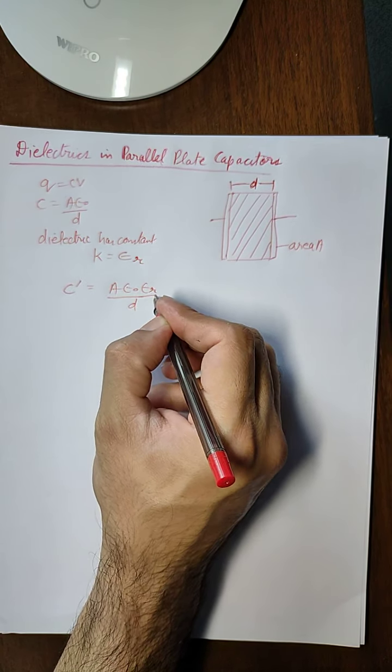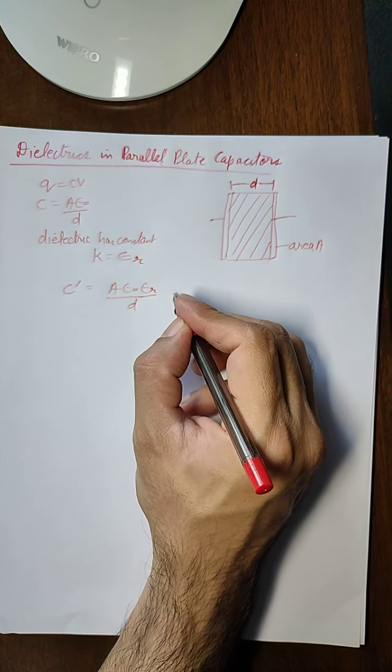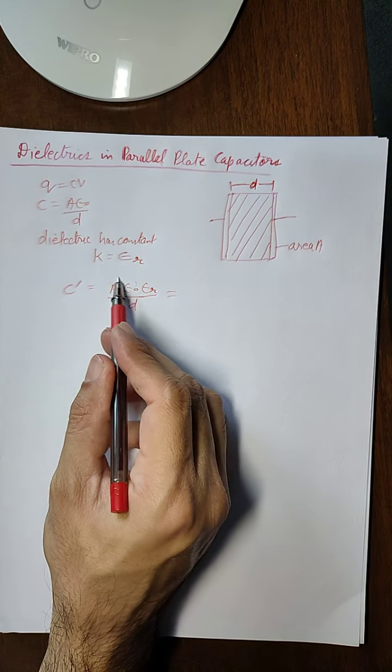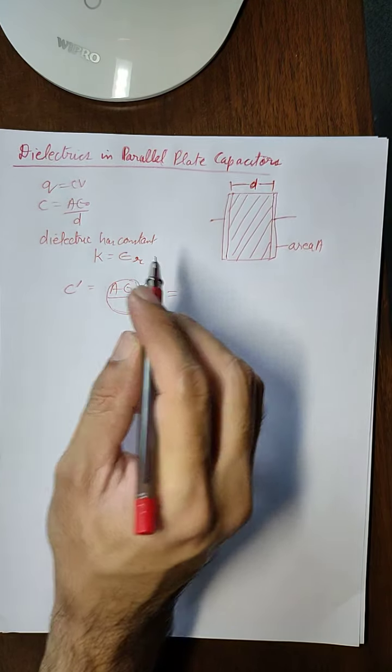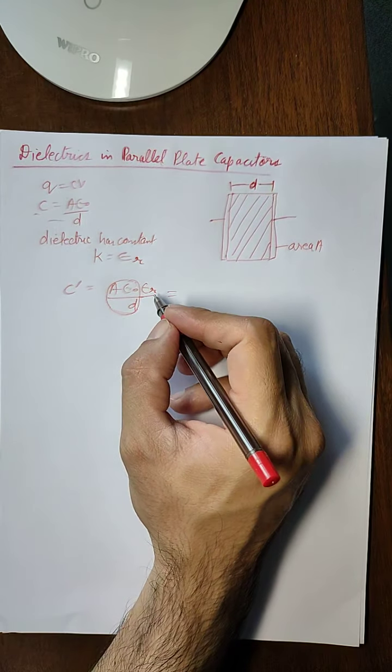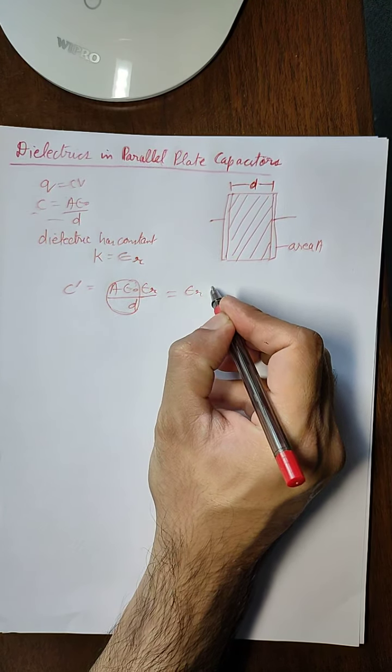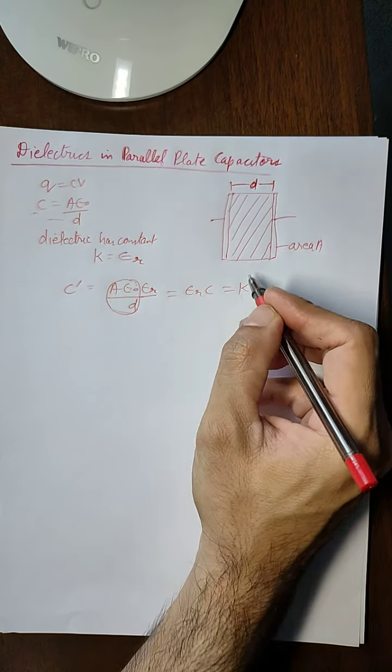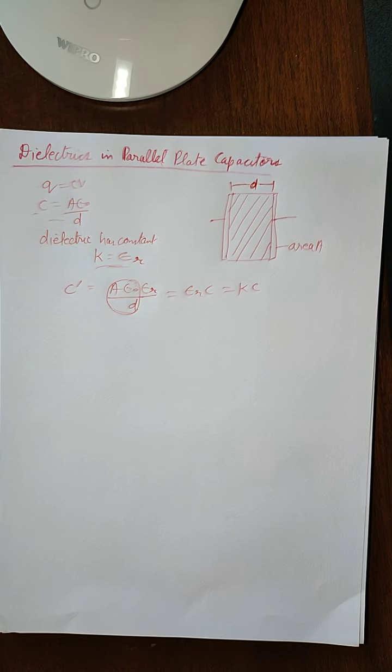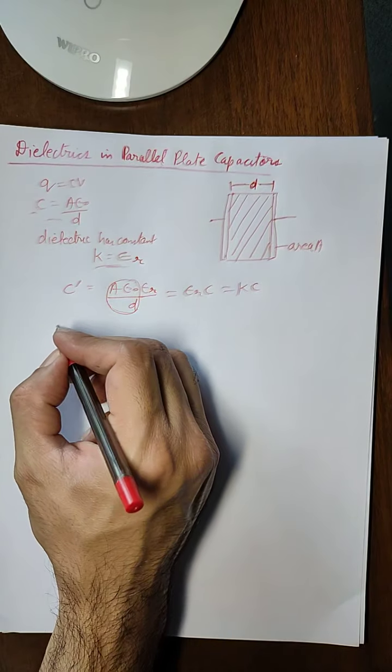This we have already done in previous videos. This is the original C, so we can write C dash equals epsilon R C, or equals K C, both are the same thing.